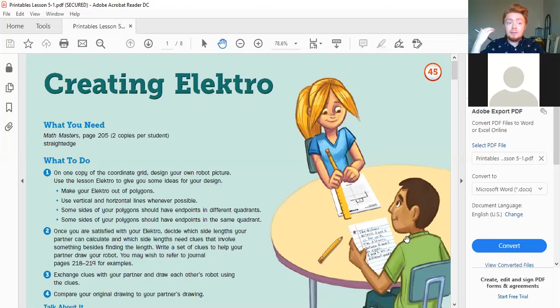The specifics of it are going to revolve a lot around one word: polygons. You've probably heard the word polygon in many different ways. There are websites called Polygon, and people use it in other ways, but in math, a polygon is a shape with sides that you can measure.